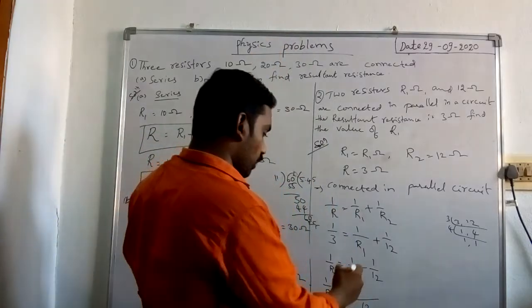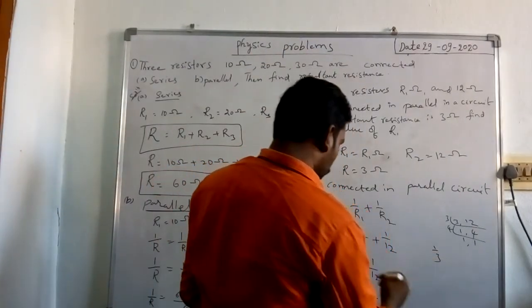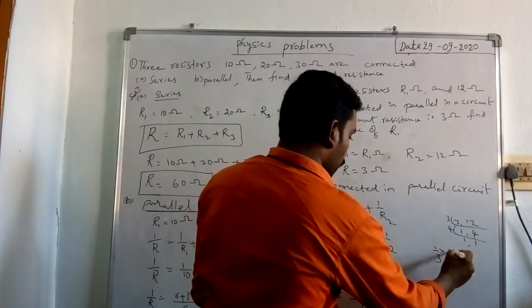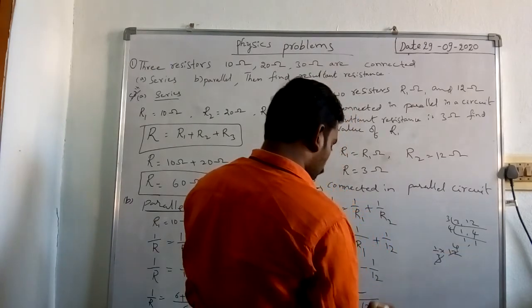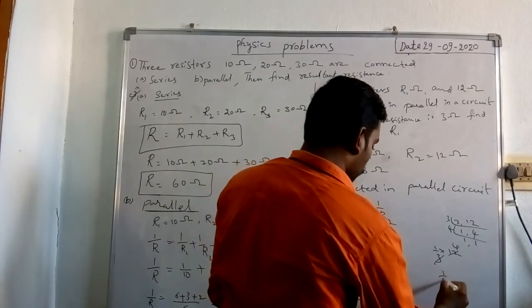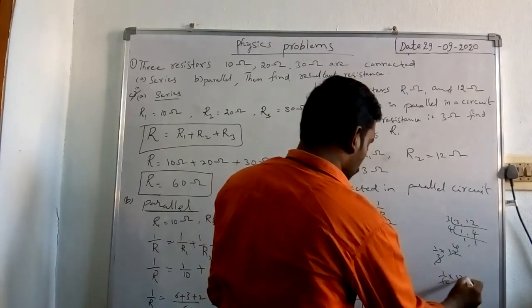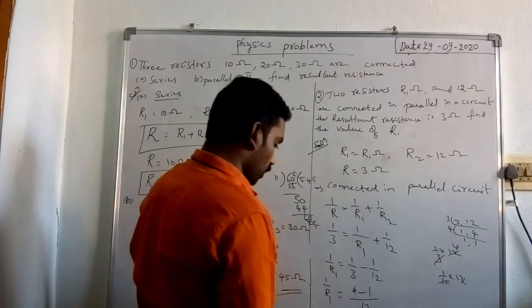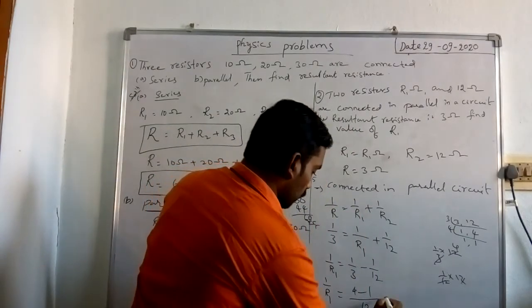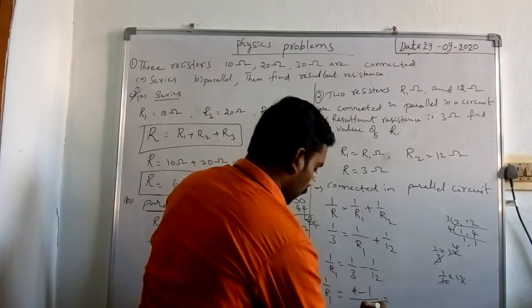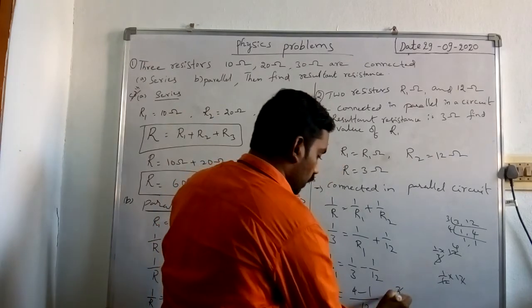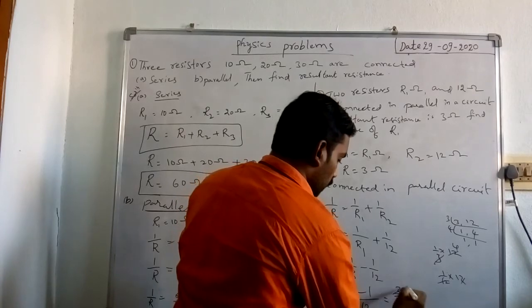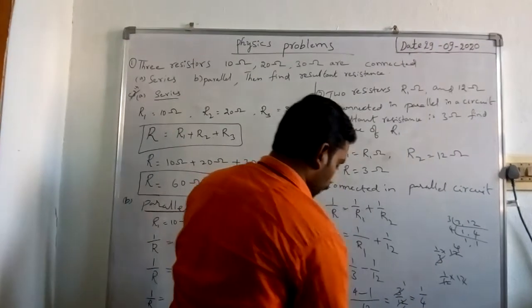Next 1 by 3, this fraction you have to convert into a number. 12, 3 1 ja 3, 4 ja 4, minus here 12. Next 1 by 12, into 12 means here how much will come? 1 will come. Okay. Next here 4 minus 1 means 3 by 12. 3 by 12 means 3 1 ja 3, 4 ja, means 1 by 4.